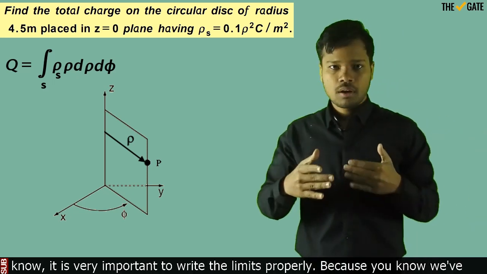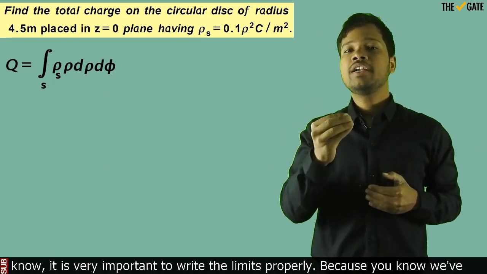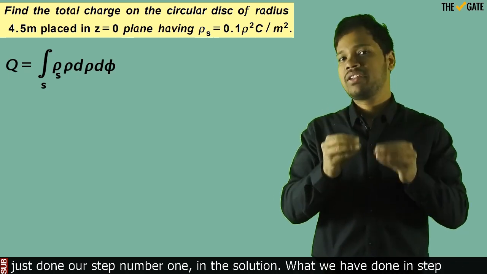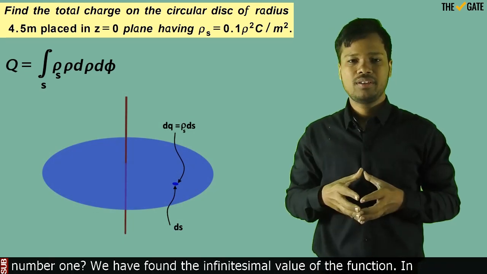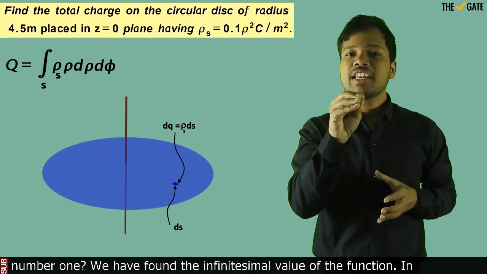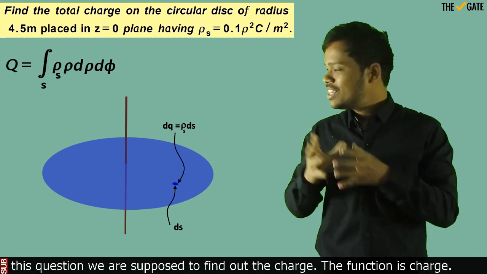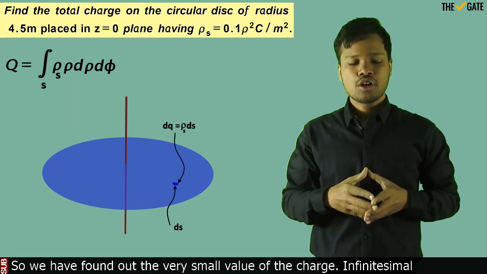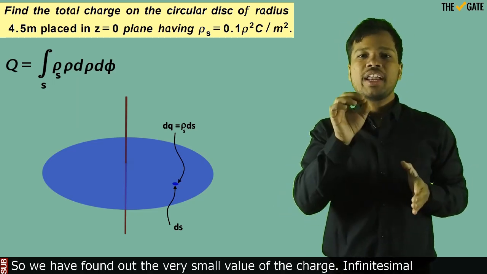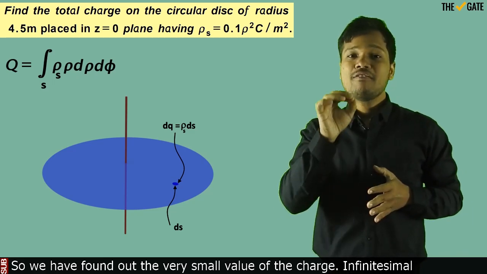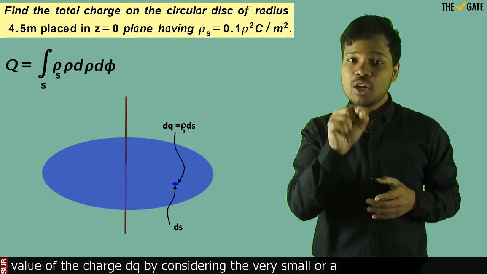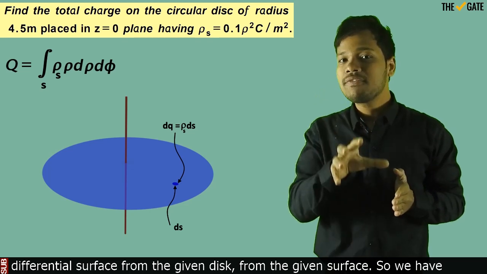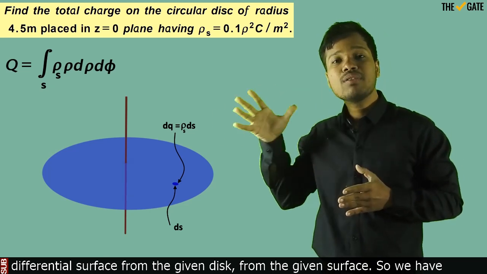My dear, it is very important to write the limits properly because we have just done our step number 1 in the solution. What we have done in step number 1? We have found the infinitesimal value of the function. In this question, we are supposed to find out the charge. The function is charge. So we have found out the very small value of the charge, dq, by considering the very small or differential surface from the given disk, from the given surface.